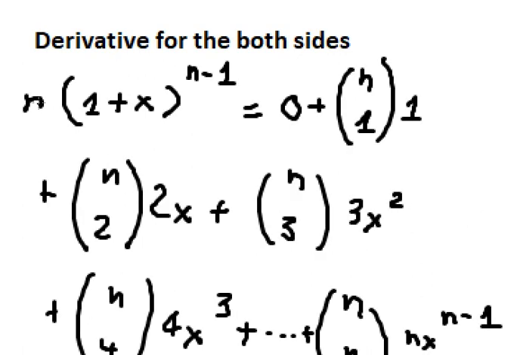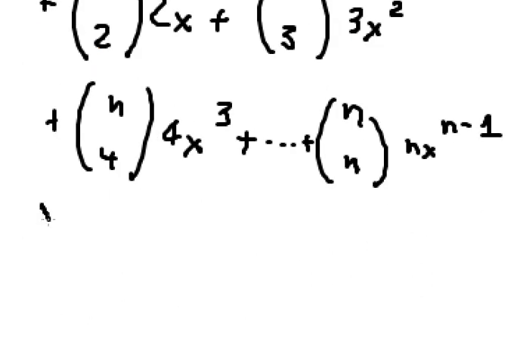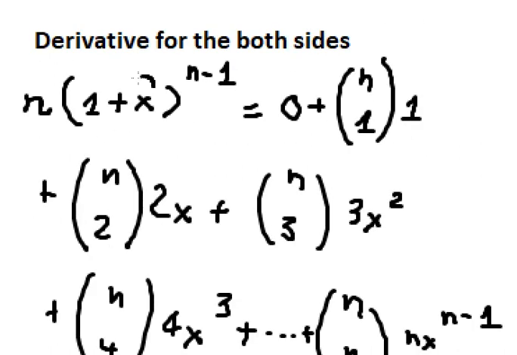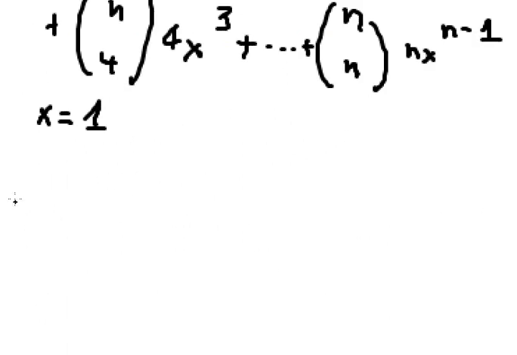So after we get this, we put s equals 1 and substitute in here, here, here, here, and here. So 1 + 1 we have 2.